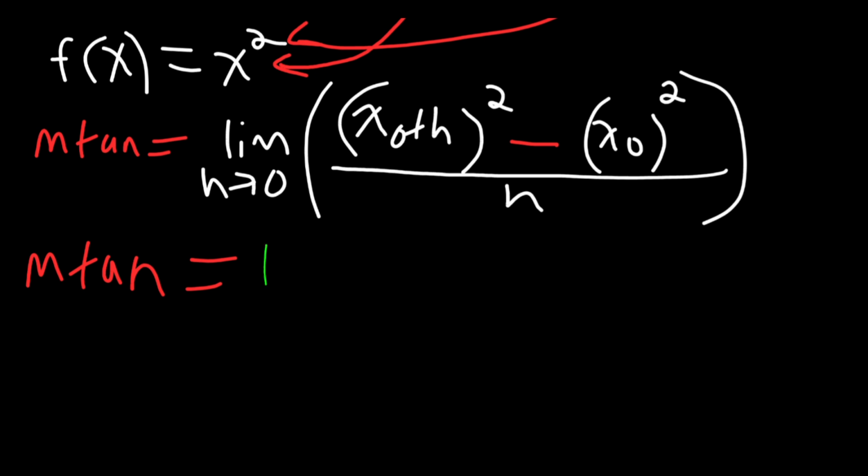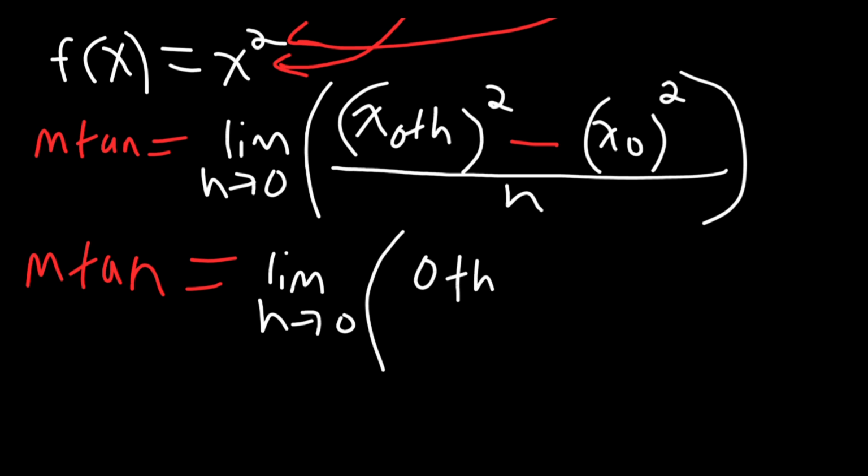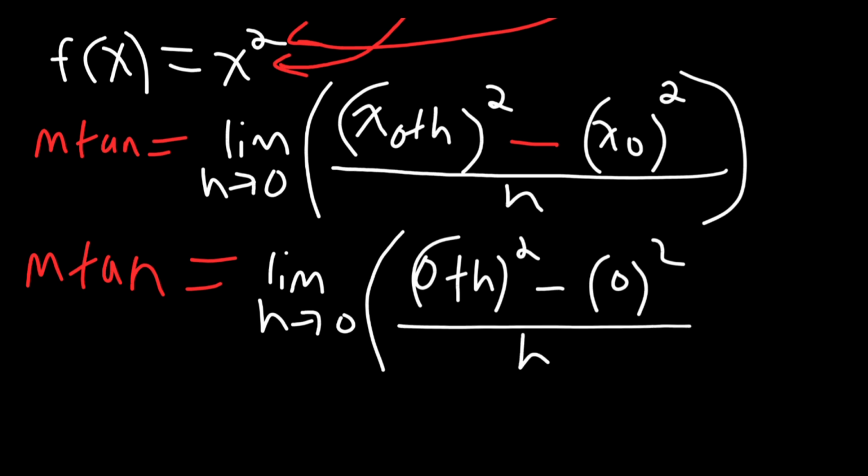So we're going to have the limit as h goes to 0 of, let's plug in our 0 plus h, squared, minus 0 squared, over h.